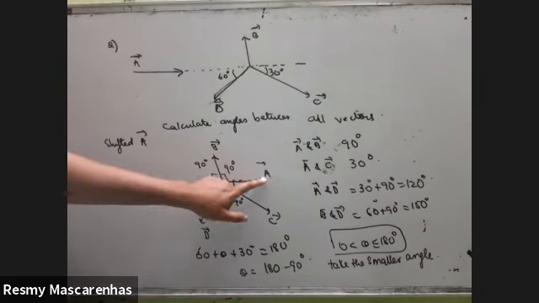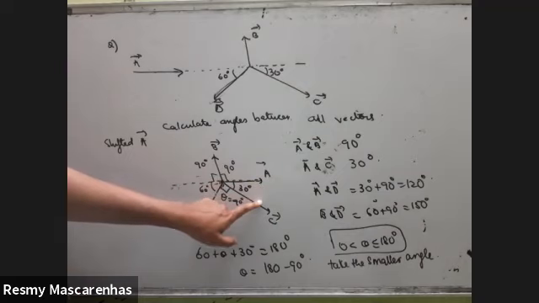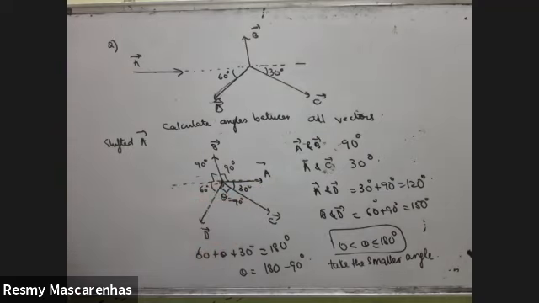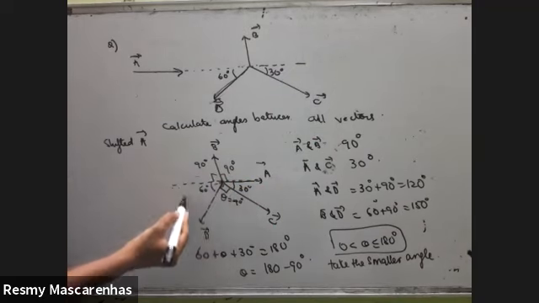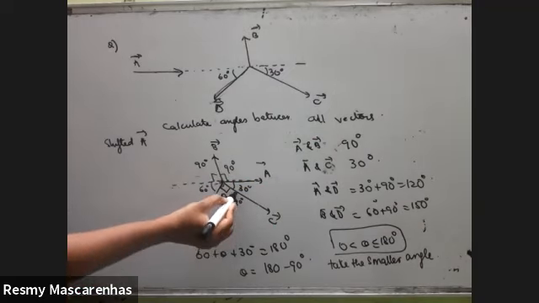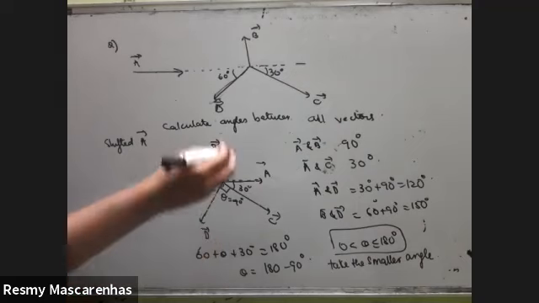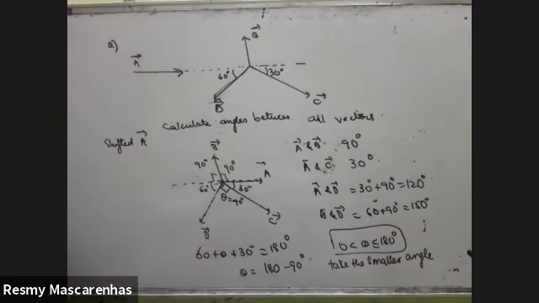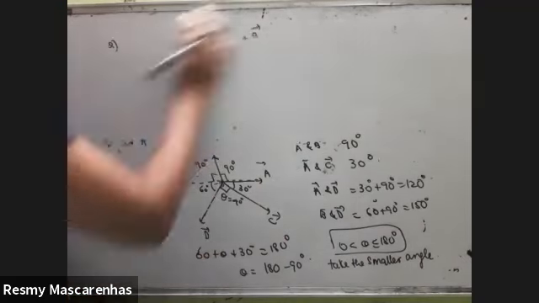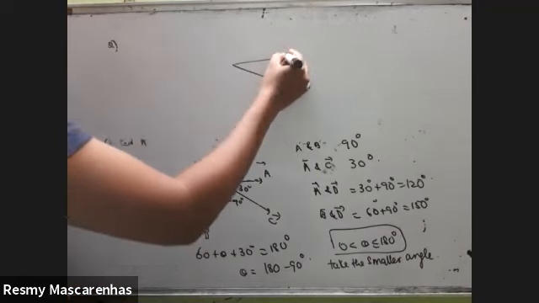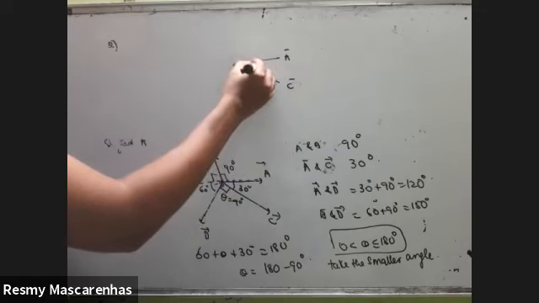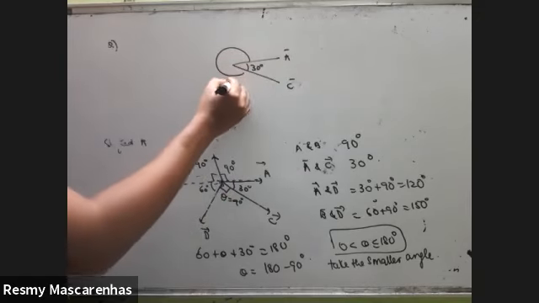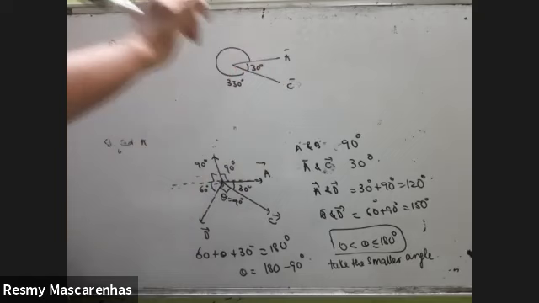Suppose if I want to calculate between A and C, somebody asks me what is the angle between A and C. There are two options. Either you can tell me this is 30 degree, or you could take a full round and come back and say it is 360 minus 30. So if you have anything like this, you have to always take the smaller angle. If you have two vectors like this, if this is 30, obviously this is 330 degree because total should give me 360.